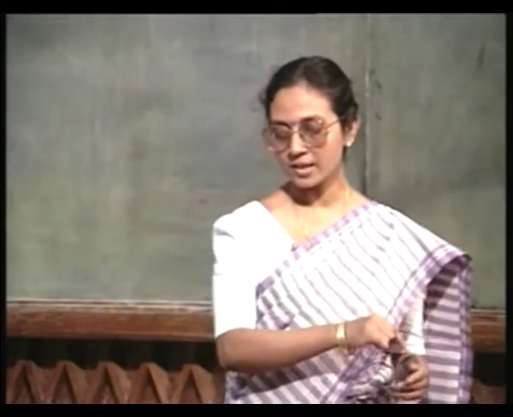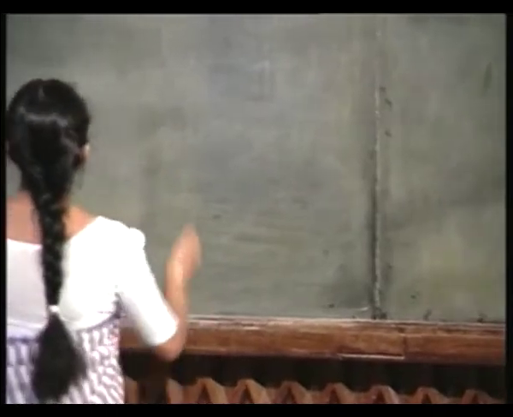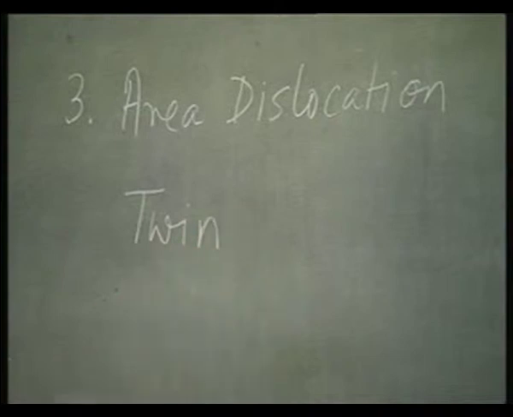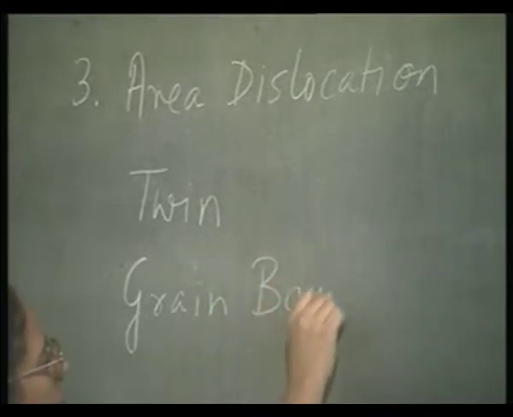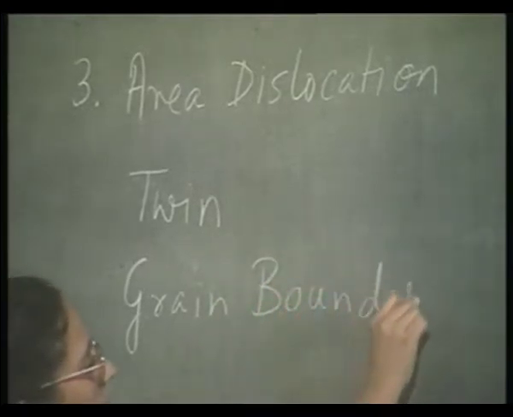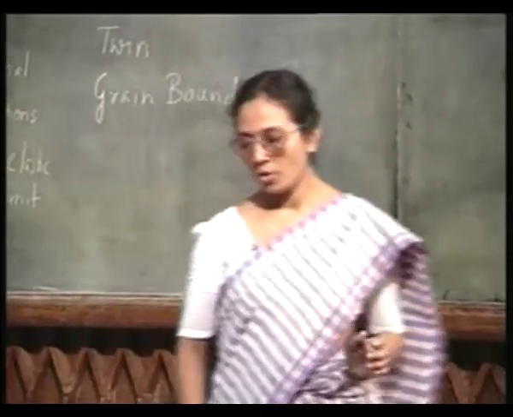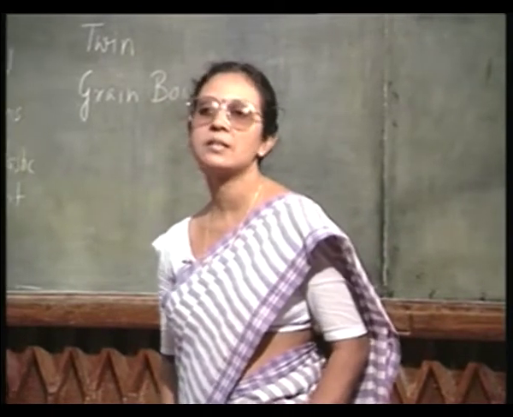As the name itself suggests, area dislocation is a 2-dimensional defect. Okay. Two very common area dislocation, one is called twin and the other is called grain boundary. Twinning is actually a change in the crystal orientation.